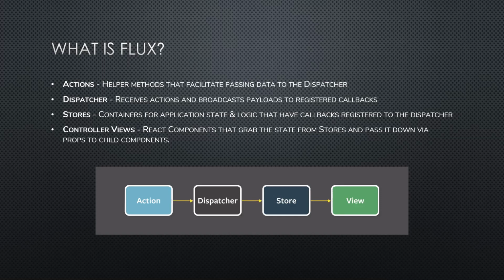Now the controller view. The controller view is a pure React component, a user interface component that grabs the state from the store and passes it down to the child components via props. It takes the data and renders your model.